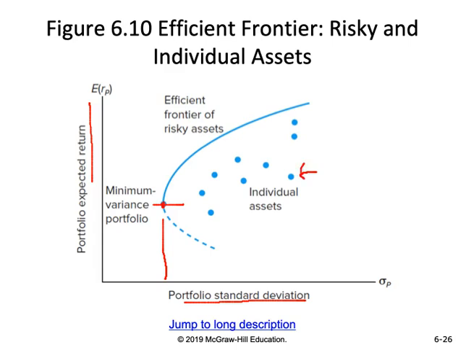So each of these assets, this may be IBM, this might be Apple, and so forth, right? Maybe this is Exxon over here. So we combine all of these assets or stocks, and maybe one of them is bonds, a fixed income security. Whatever assets we want to choose, software will seek to combine them to see what is the combination of those assets to give us the lowest standard deviation.